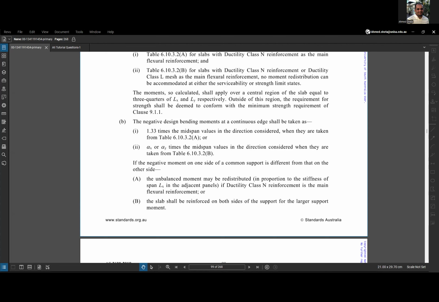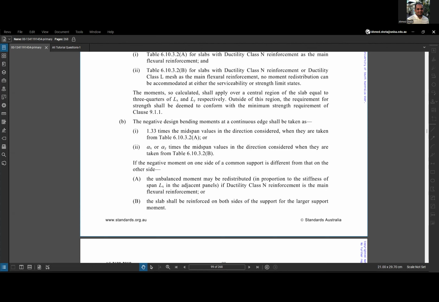So the design moment here is positive M* and 1.33 M*. Okay, so these are the moments we want to know for this type of slab. We need positive moment in the X and Y directions and negative moment in the X and Y directions.